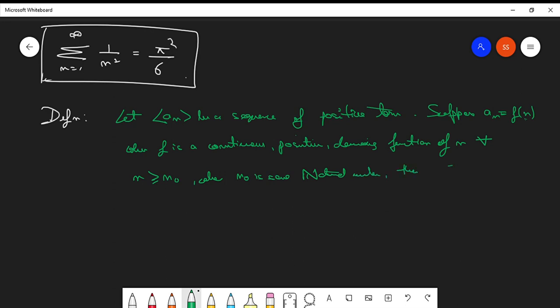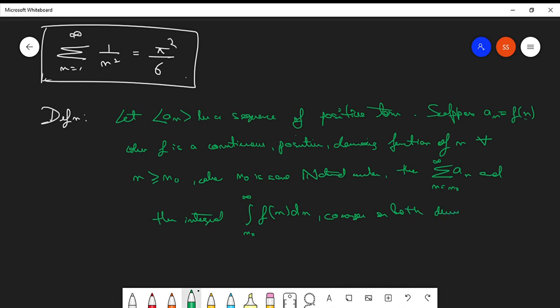Then the series from n equals n naught to infinity of an and the integral from n naught to infinity of f of n dn either both converge or both diverge.